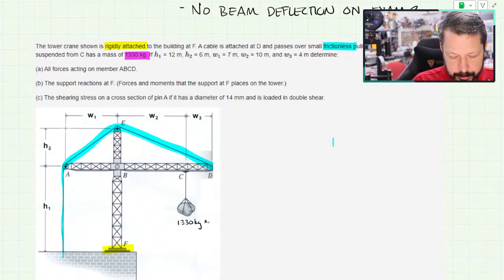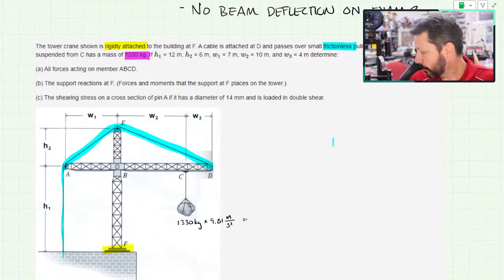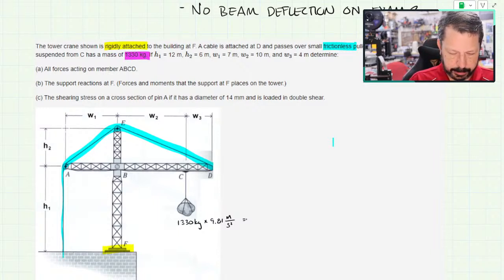So we need to multiply times 9.81 meters per second squared to get an actual force from it. So what is that? 1,330 times 9.81. 13.047 kilonewtons.